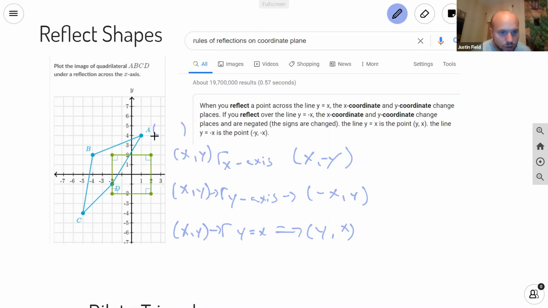So A is 1, 4. So A prime would be over the x-axis. We got to change the y. 1, negative 4. There's A prime. And so on and so forth. You just do all 4, connect the dots.